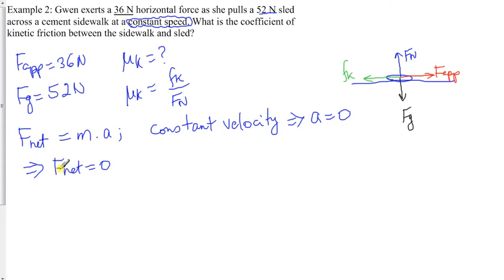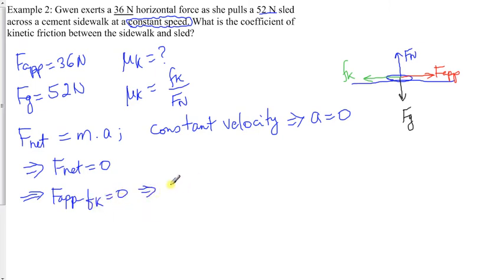Also, we said before that F net is the sum of forces along the x-axis, the horizontal direction. The forces are F applied and Fk, and because they are in opposite directions, they are subtracted. So F net is F applied minus Fk equal to 0.